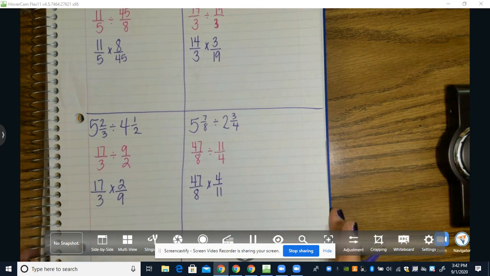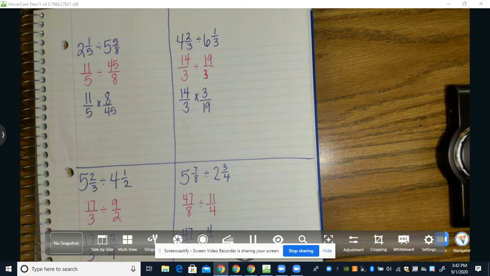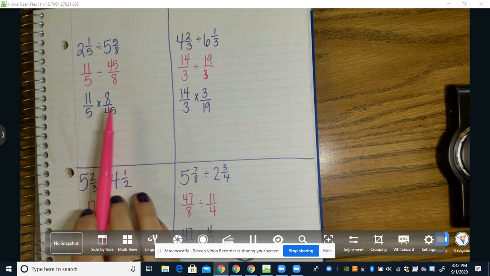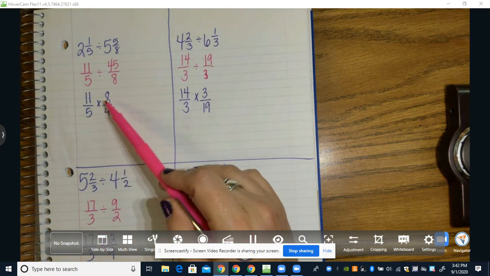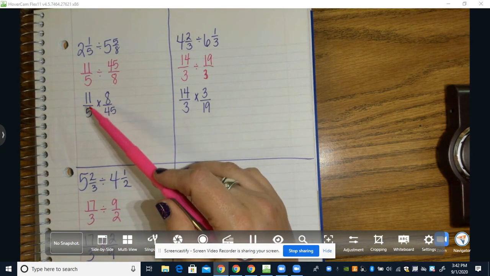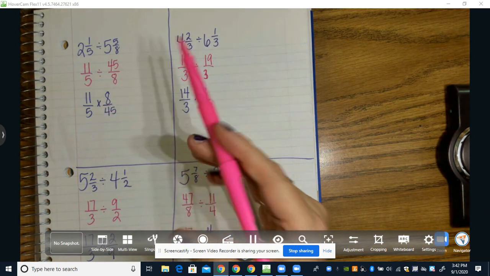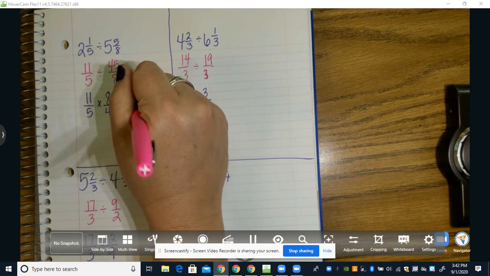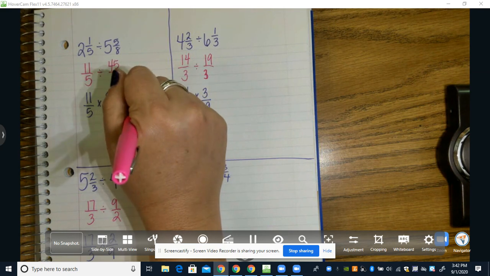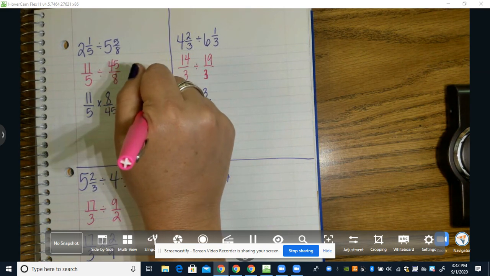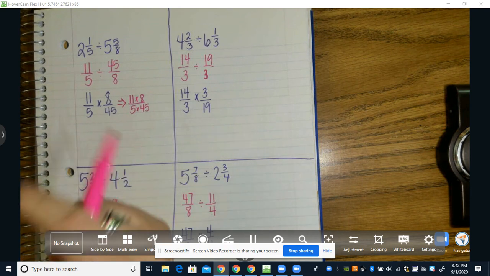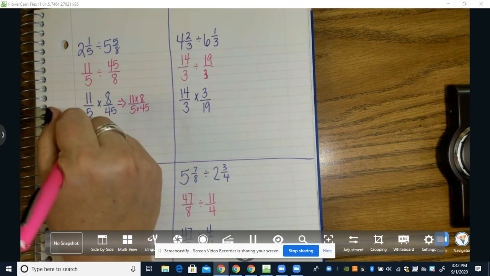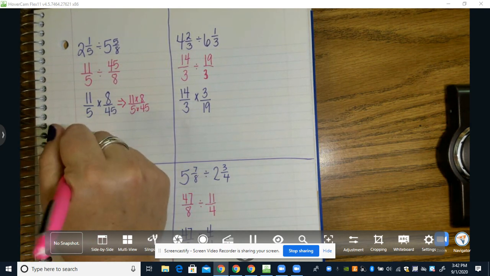Okay, so now let's look at these problems. All right. See if I can simplify first. Remember, I can simplify this way, this way, this way, or this way. Doesn't look like I can simplify anywhere. So I'm multiplying straight across. So 11 times 8 over 5 times 45. So I'm going to do my math right here. 11 times 8 gives me 88.